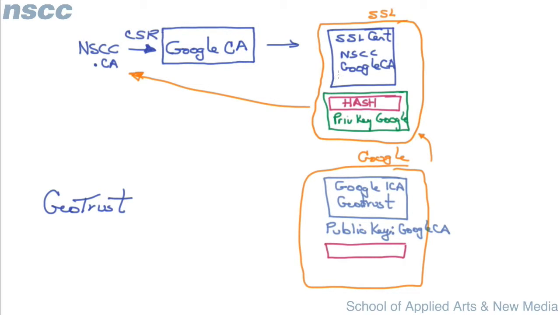Up here, we'll have the public key of NSCC, because the certificate up top is going to be used for secure communications with NSCC. So we have all this information here. We're going to make a hash or a checksum of it, and this is all going to be digitally signed. So Google's intermediate certificate is all going to be digitally signed by the private key of GeoTrust.